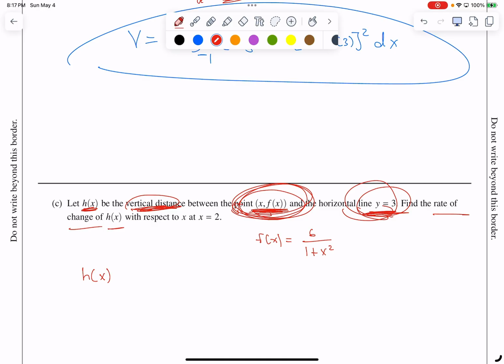Find the rate of change with respect to x at x equals 2. I'm going to set it up 3 minus f of x. So that would be 3 minus 6 over 1 plus x squared. Now my question is, some people are going to ask, does it matter which way you would have done this? Will it matter?